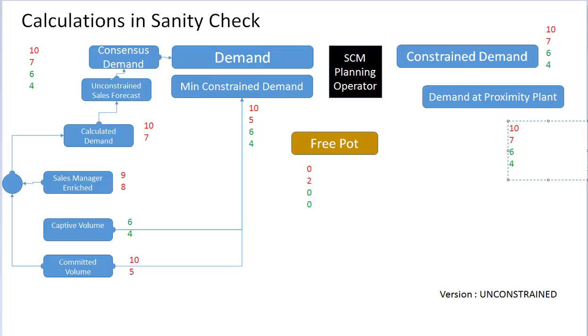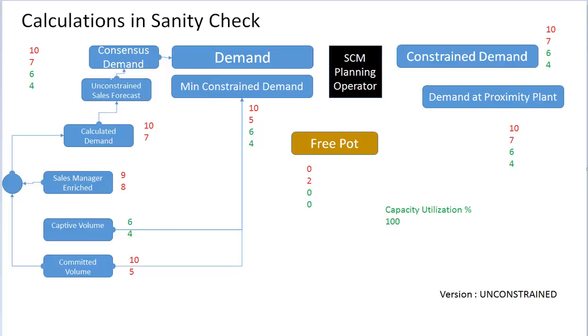What is important at this point of time is to remember that the demand at proximity plan will remain constant through all the steps in the supply plan for the midterm. That means that when we run the optimizer for each plant, or for all plants, which is the last step, the demand at proximity plan will be always the same as when we ran the heuristic.